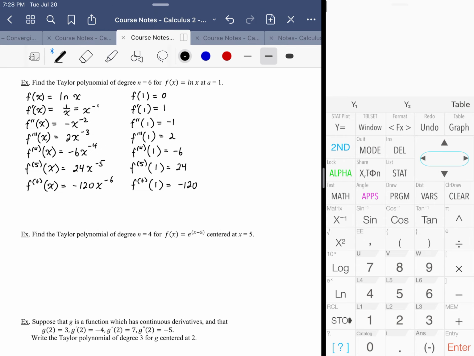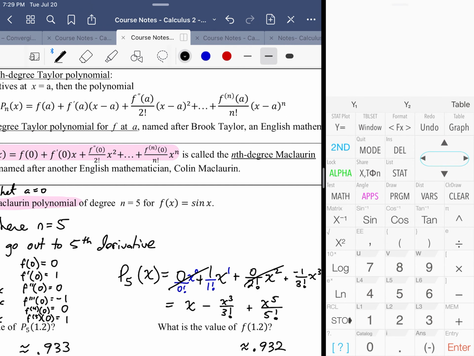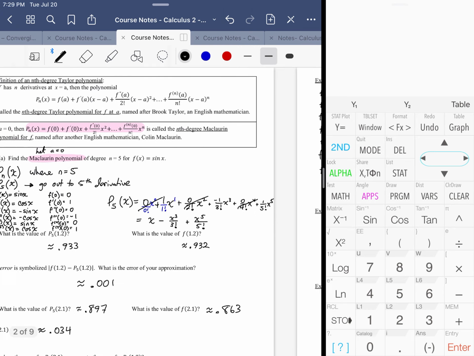So building our Taylor polynomial, remember it's not centered around 0 anymore. So P sub 6 of x, we're going to start off with, if you just look at the rule here, the original function evaluated at whatever the center value is, in this case 1, then the first derivative as a multiplier of x minus whatever the a value is, bearing in mind that those denominators are always factorial, starting with 0 factorial and increasing from there.